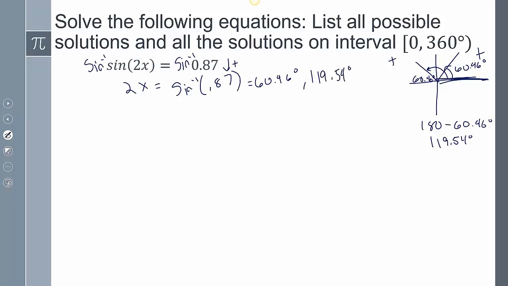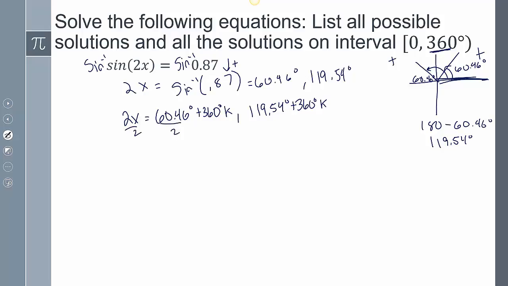And so the two values that I'm actually going to get for that are going to be 119.54 and 60.46 degrees. Now because the interval does say between 0 and 360, that means that when I write all possible solutions, I'm going to say 60.46 degrees plus 360k and 119.54 degrees plus 360 degrees k. Now I can continue getting x by itself.